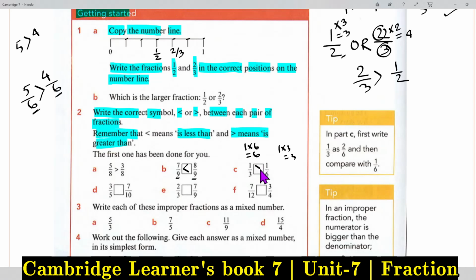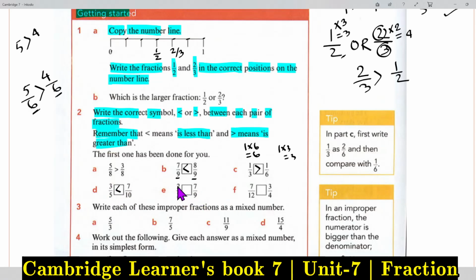In that case, this one, 3 by 5 and 7 by 10. So 10 times 3 is what? 30, and 5 times 7 is 35. So this one we can write like 3 by 5 is less than 7 by 10.